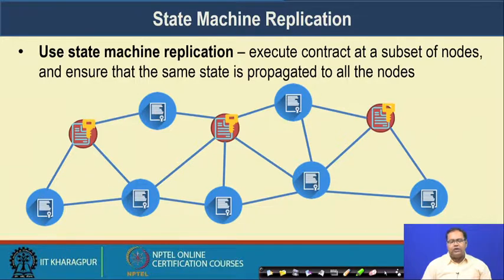Rather, you can execute it on a subset of nodes, and then you can ensure that the state of the contract is propagated to all the nodes in the network, and there are certain consensus mechanisms which will ensure that the states propagated by multiple state machines or contract executors are indeed on the same page, or indeed correct. So, by applying this kind of distributed state machine replication technology, you can ensure consensus in a permission blockchain environment.